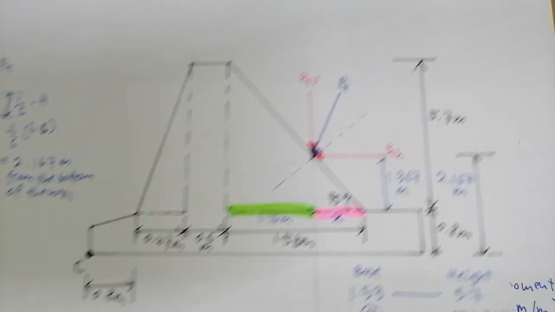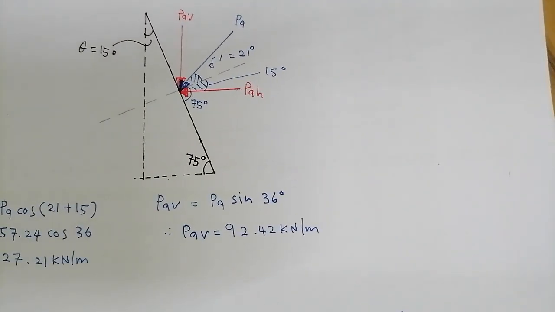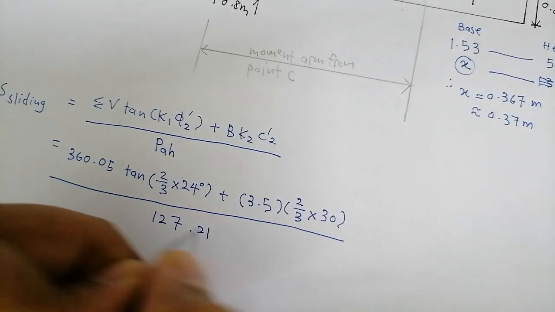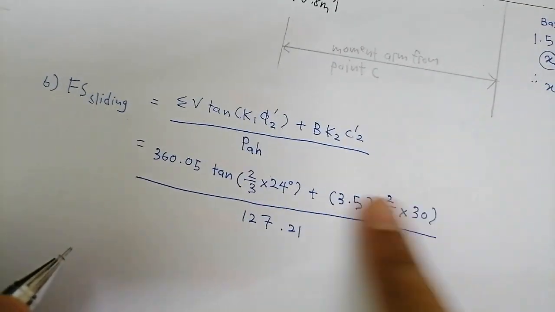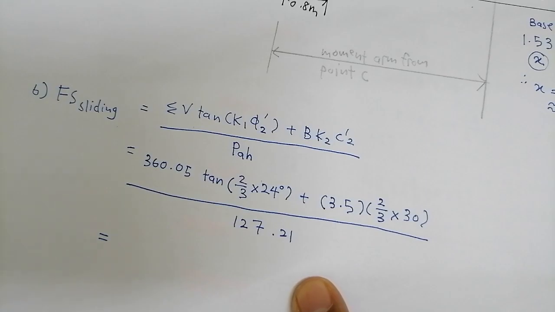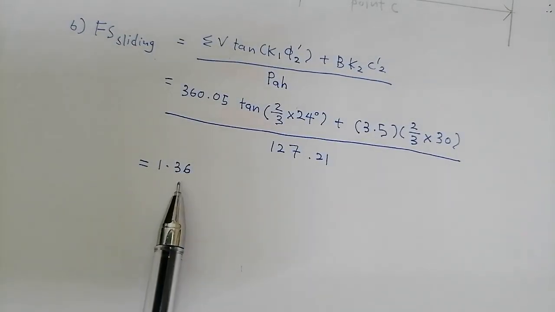So our PAH is 127.21. You do all this maths and you'll get 1.36. The factor of safety against sliding is 1.36.